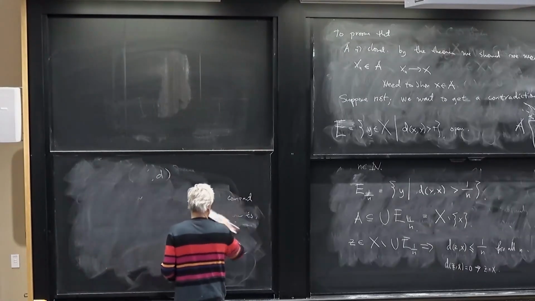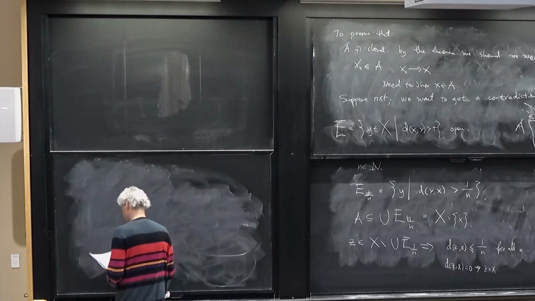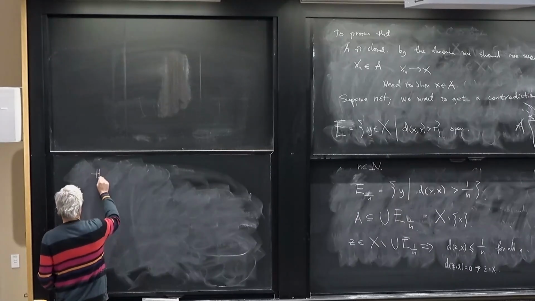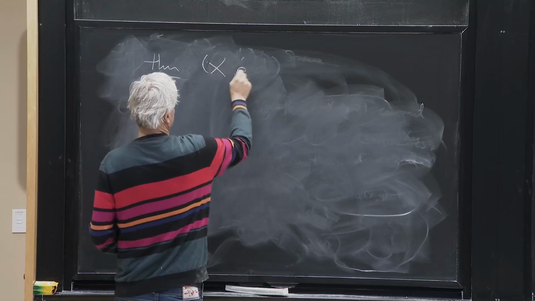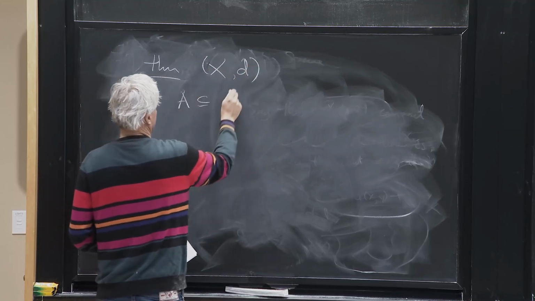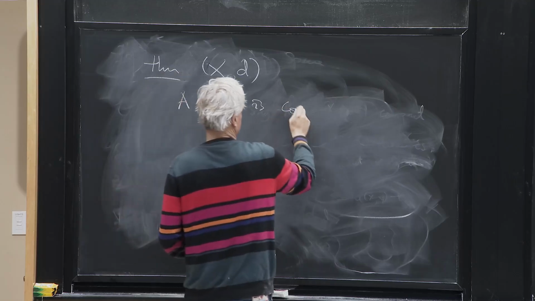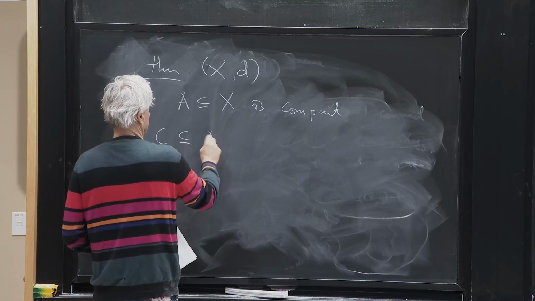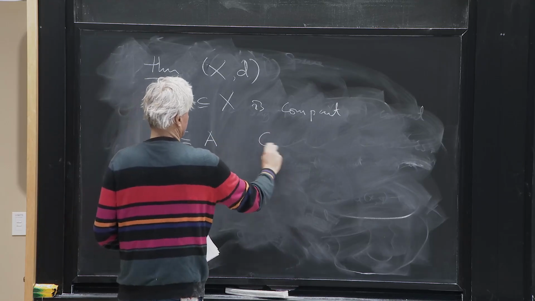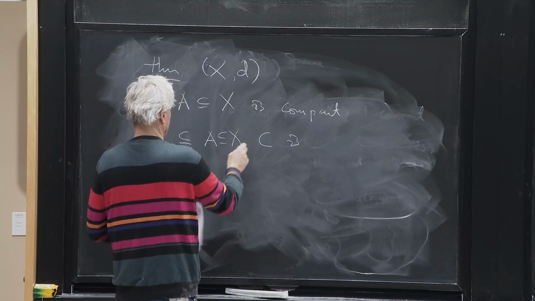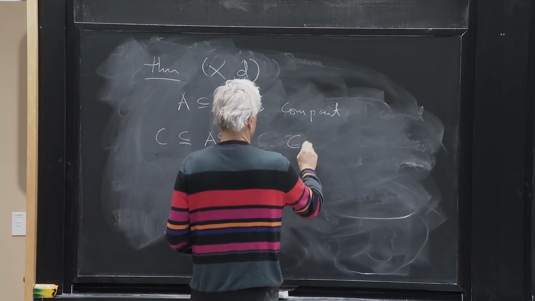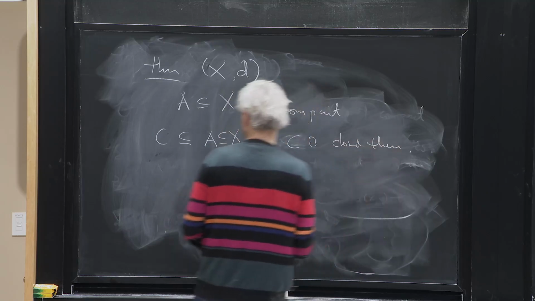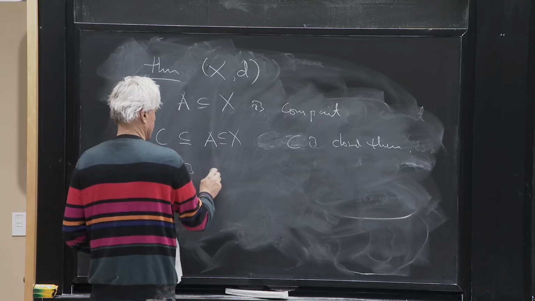And so instead, let's prove a theorem here. If you have a metric space, and A here is a subset of X that is compact, suppose that C is a subset of A, so C is of course also a subset of X, and C is closed, then the claim is that C is also compact.